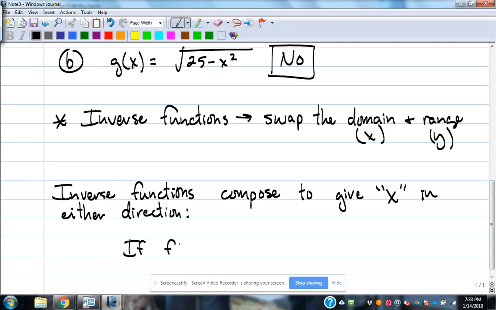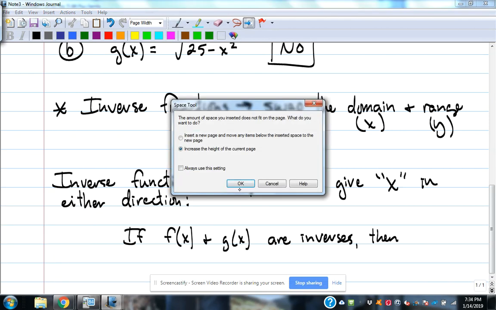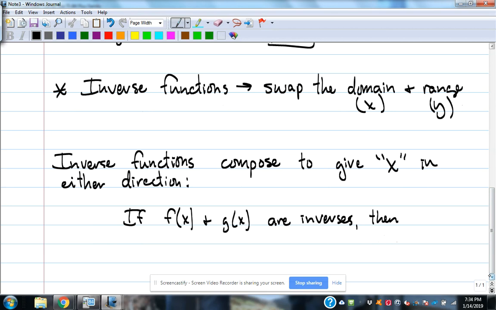If f of x and g of x are inverses, then here's where we get a couple of composition statements. So the function composition that we just talked about is what I'm referring to.